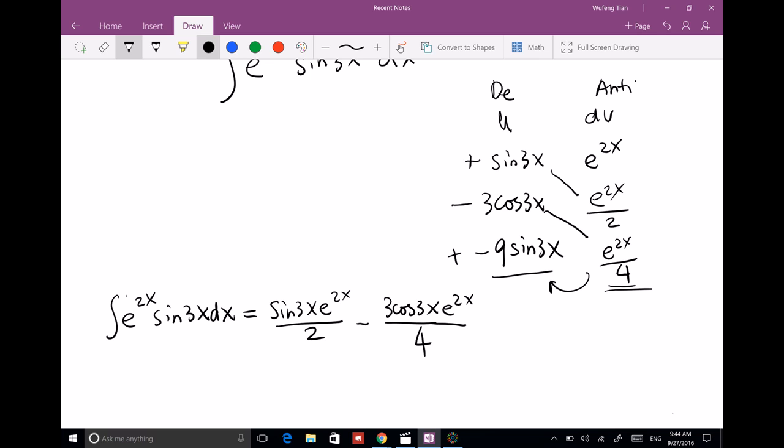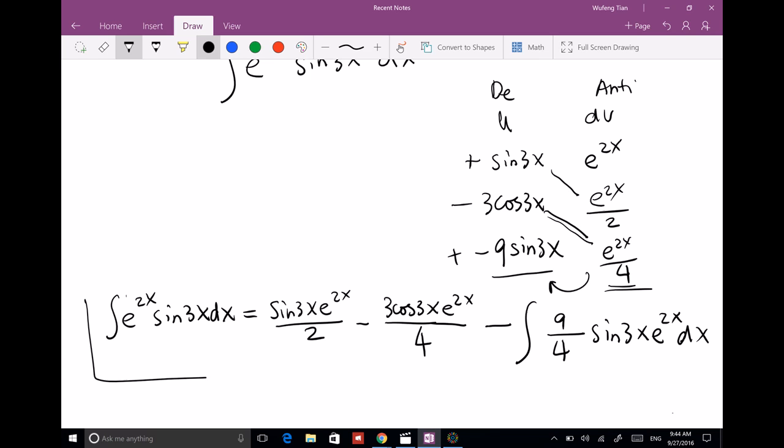So this one and this one, right? e to 2x over 4. This 2 is over 4. And then plus, well, plus minus is minus, minus 9 over 4 sine 3x e to 2x dx, because this is the coefficient, 9 over 4.